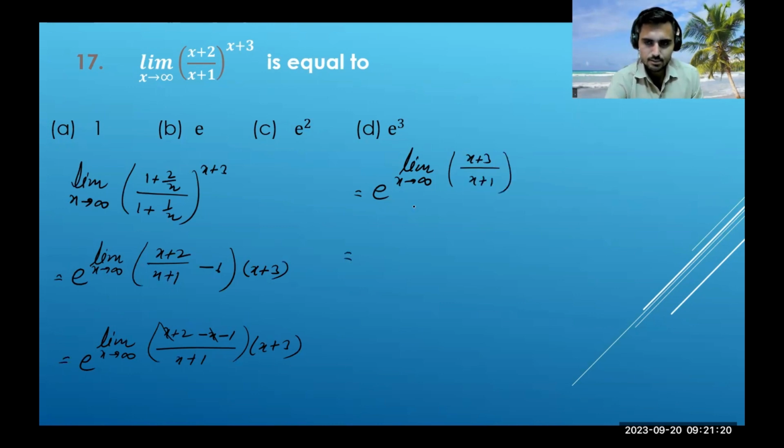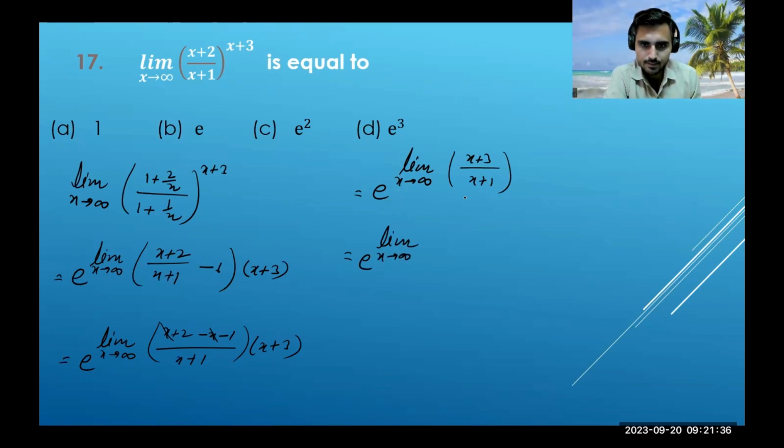Now we have limit x tends to infinity, so what we'll do is take x common and then substitute the limit x tends to infinity.